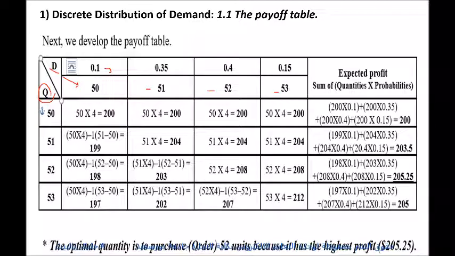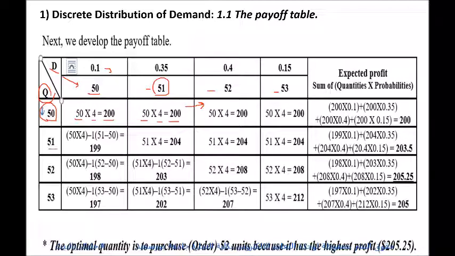If you have 50 and the customers need 50, you will sell all 50 with profit 4, the total will be 200. If you have 50 and the customers need 51, you only sell 50 with profit 4, the total will be 200. The rest will be the same.